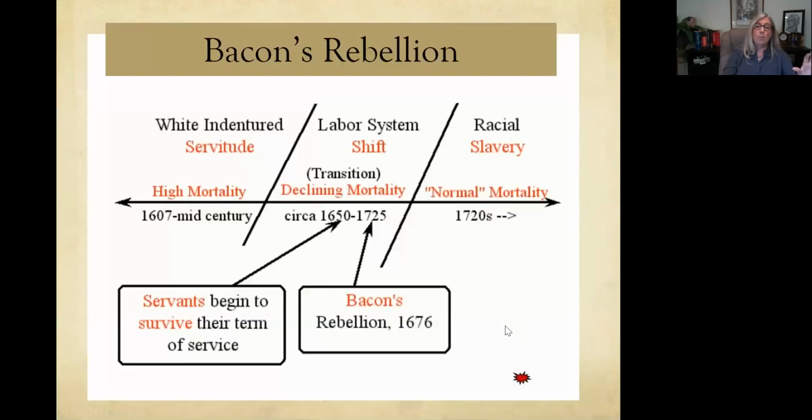All right, so this is also happening at about the same time that we see this shift in labor. Bacon's Rebellion, these are former white indentured servants who are poor, who are fighting against what they believe is inequality within the government.